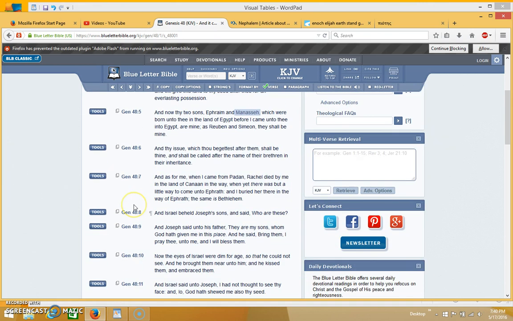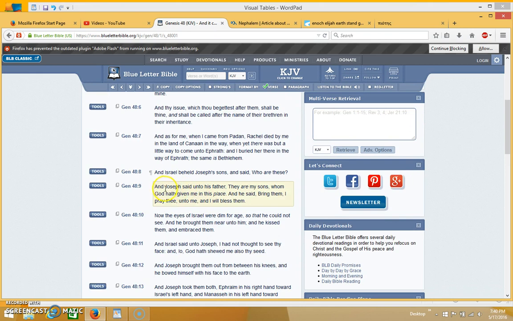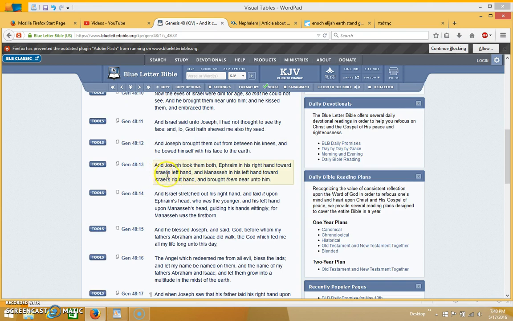And then Joseph had to correct him. And it says, "And Joseph said unto his father, They are my sons." Okay, let me find that verse. Hold on one second. Okay, right here it talks about Israel, which is Jacob, giving the blessing to Ephraim and Manasseh. And Joseph had brought his 2 sons to Israel for the blessing.